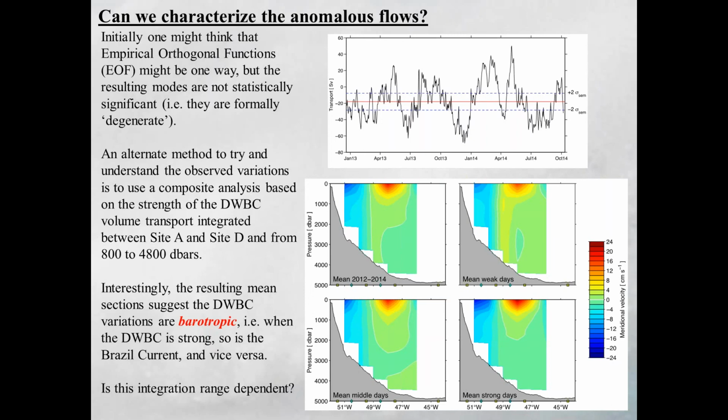We separate out the data that's very anomalously northward and very anomalously southward, above and below these dashed lines, and then we average the velocity sections on those anomalously northward days, which I call weak, and the anomalously southward days, which I call strong. These are the velocity sections that you get.